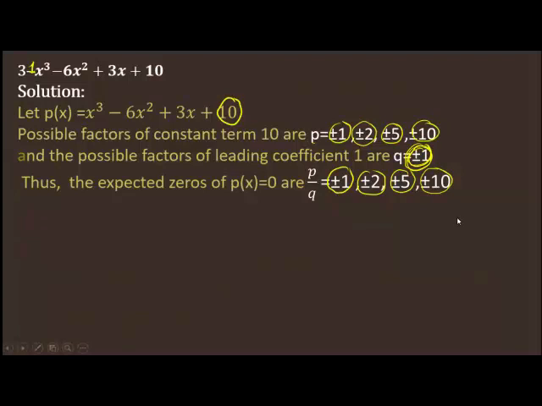So these are 4 values which we can put in the given polynomial, one by one, right? So let's start. First we will put x is equal to plus 1. It will become this.